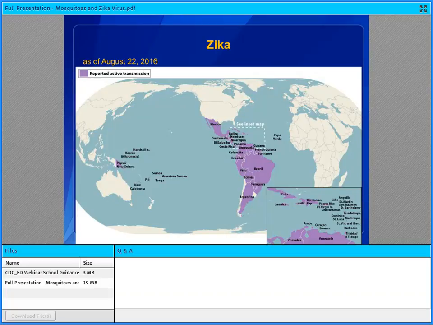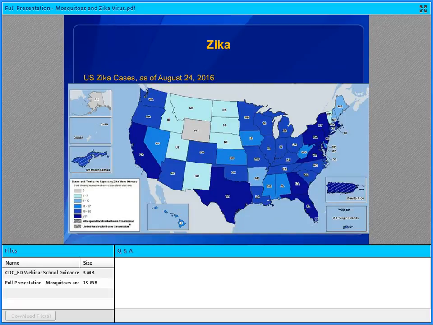We do have local mosquito-borne Zika infections in Florida. This is another slide that has a date of August 24th. You can see that Zika infections have been found in all of the U.S. states besides Alaska, because as of today, September 20th, there have been travel-associated Zika cases found even in Wyoming.